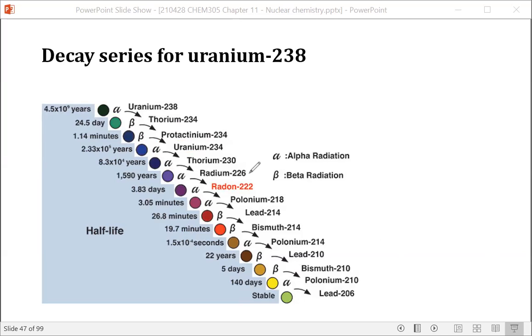What's really important to point out on the decay series for uranium is that right here in the decay series, we produce radon-222. And radon is a gas. All these other things are solids. Most of this is happening in the Earth's crust.